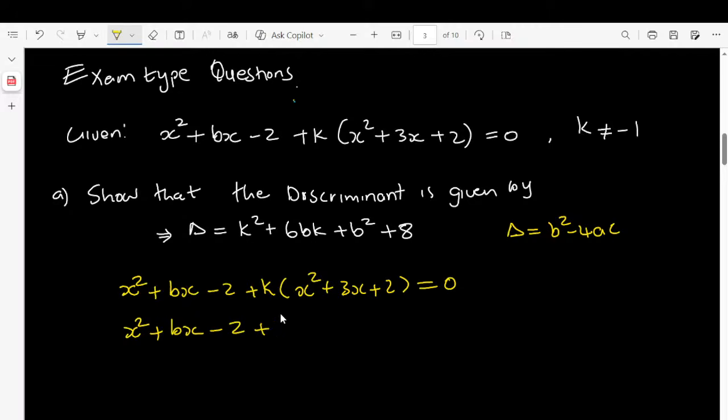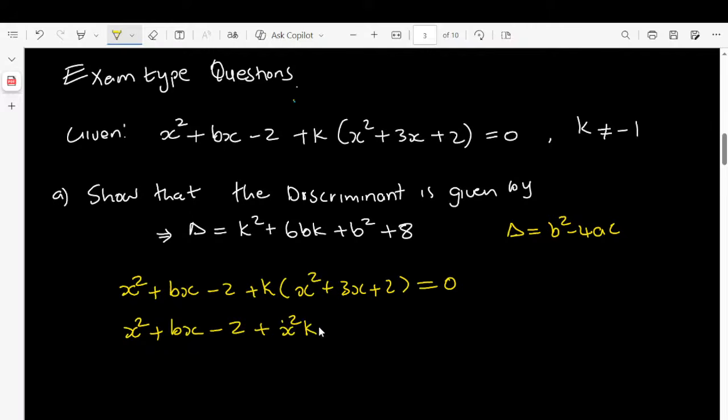We need to multiply out the bracket with that k. So this will be plus k x squared.